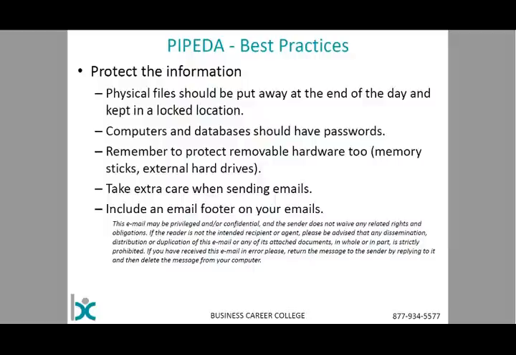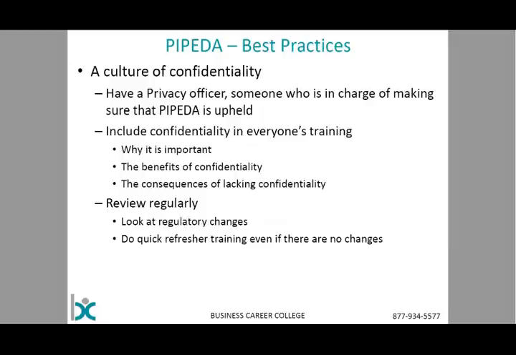Next, we're going to look more at the whole business side of things in creating a culture of confidentiality. What this means is creating an environment in your workplace, even if you're an office of one person or an office of 600 people, where confidentiality is viewed as a very important part of the business.